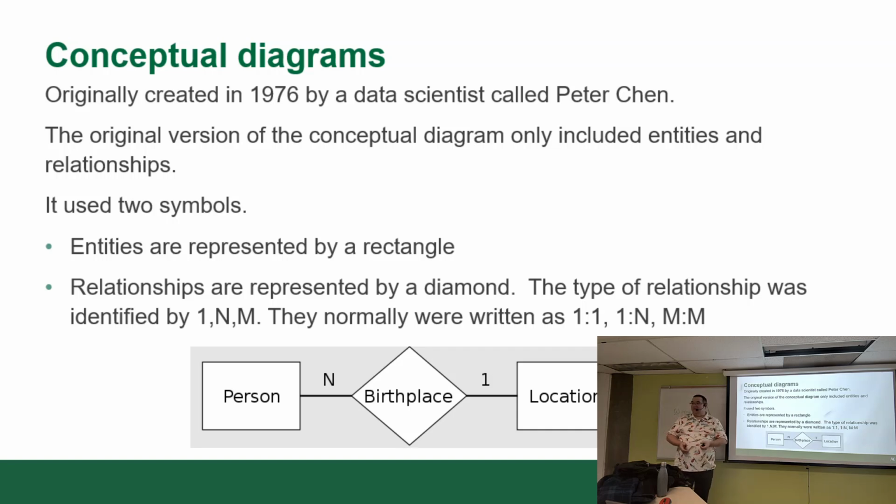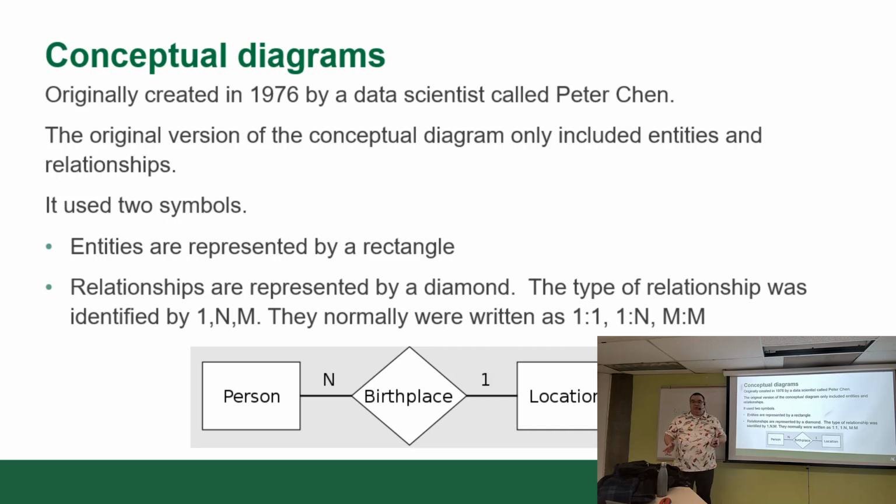It was a data scientist whose name was Peter Chen. He's one of the original creators of data science. The original version of the conceptual diagram only had entities and relationships. It only used 2 symbols.